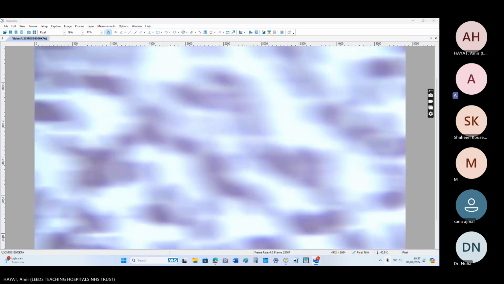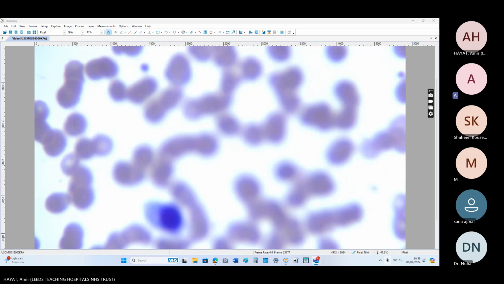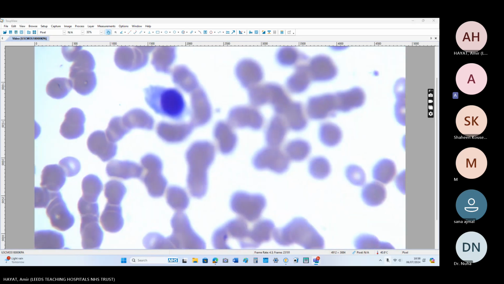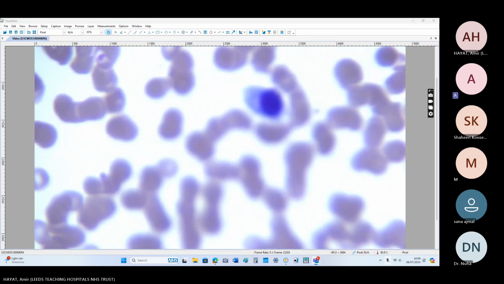RBC morphology seems to be unremarkable, and the platelet count seems to be slightly decreased.